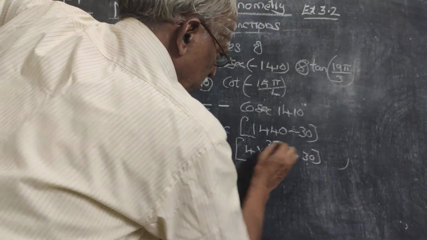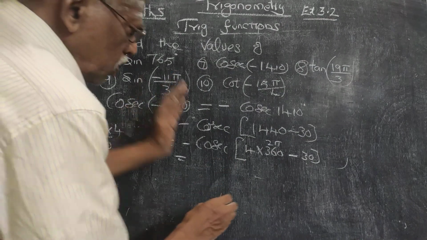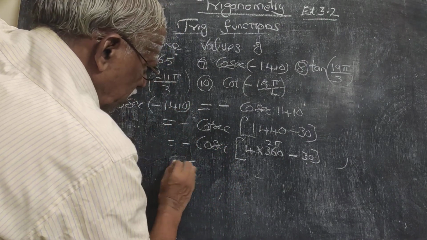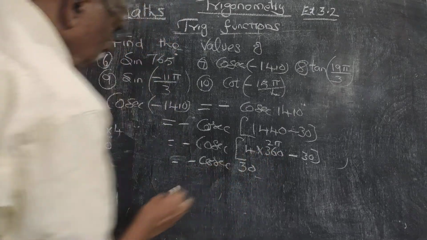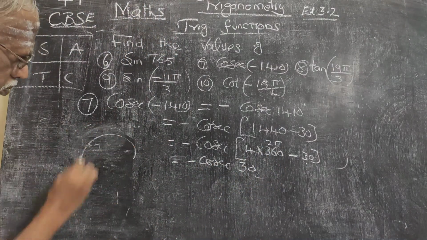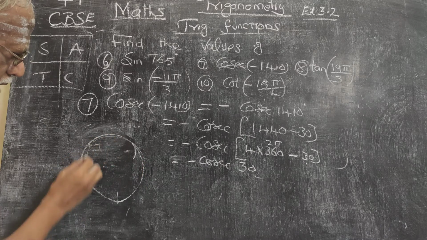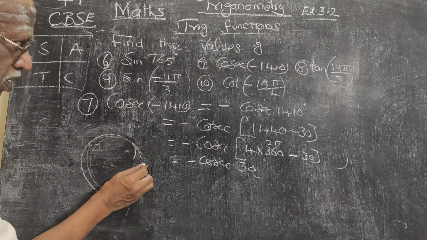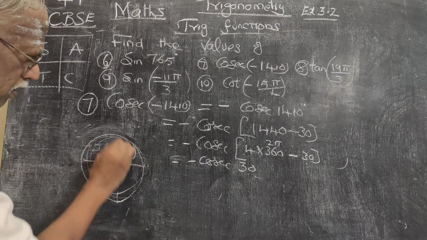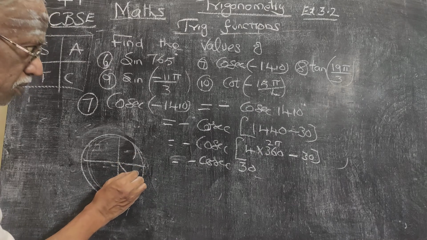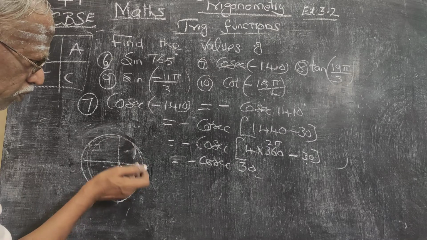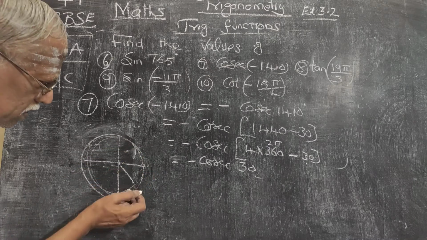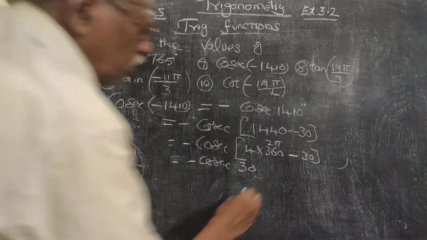These are multiples of 2 pi. Therefore, this is minus of cosecant 30. Here we are making the round 4 times, 360 each time, and within that the 30 degrees comes. It is less than 1440, so not 4 full times you are going. So it is 4 times but minus, therefore it lies in the 4th quadrant.